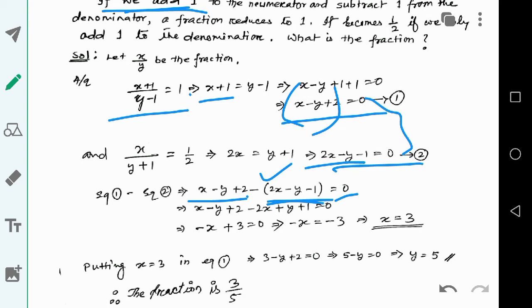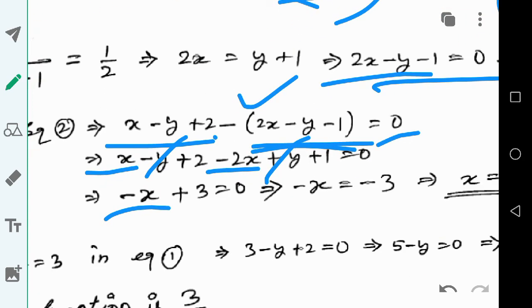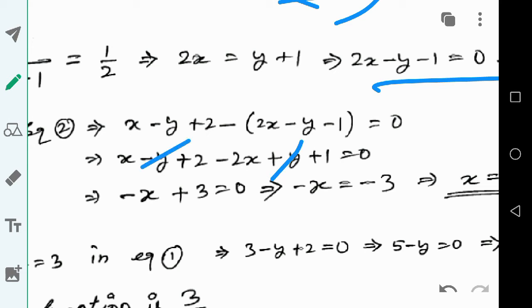Doing so, we have plus y minus y cancel, then x minus twice x is minus x. Then 2 plus 1 is equal to 3.